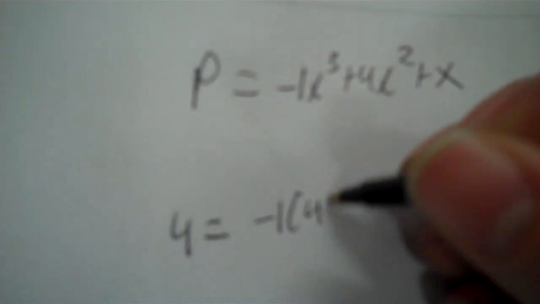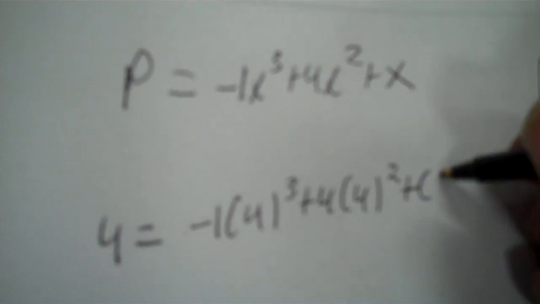So we're going to put 4 in for each one of those. So 4 for P, and then 4 goes in for each of my X's. This is me verifying that what they told me is true. Put a 1 in front of that X, you'll need it later. So negative 1, 4 to the 3rd, plus 4, 4 to the 2nd, plus 1, and 4.